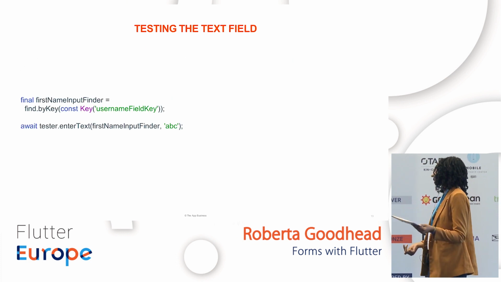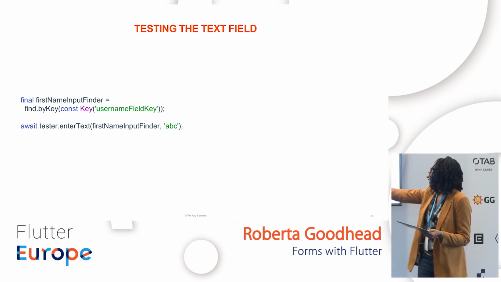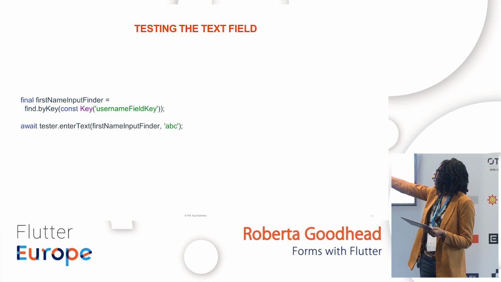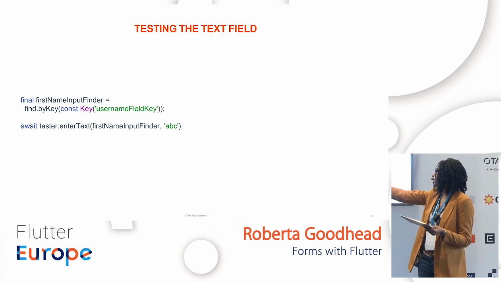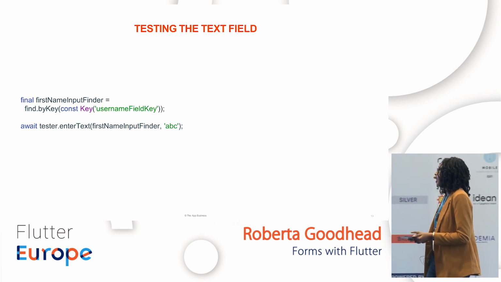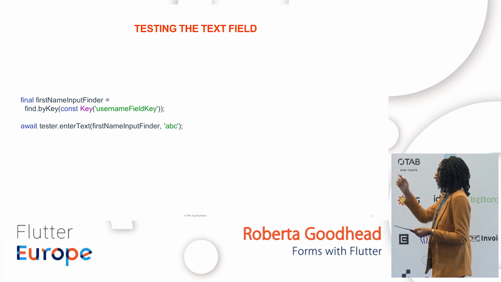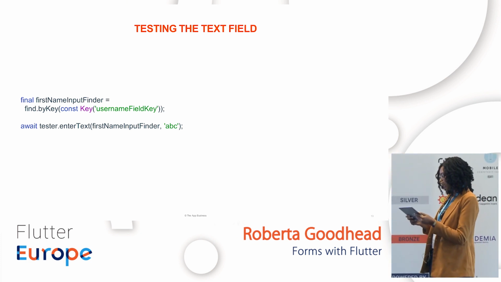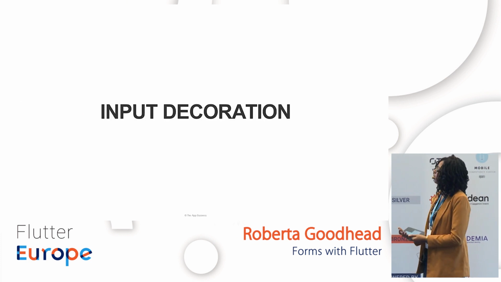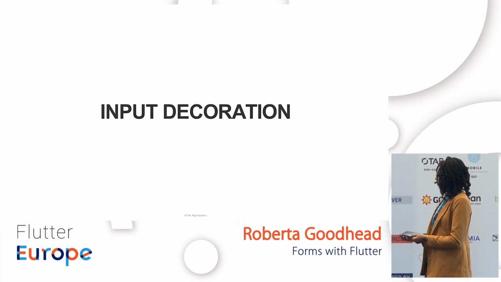And if you just want to simulate inputting text in your test, then you can simply create a finder here, and then you can call tester.enterText, and that will simulate adding the input ABC. Cool. So next I'm going to talk a bit about input decoration.